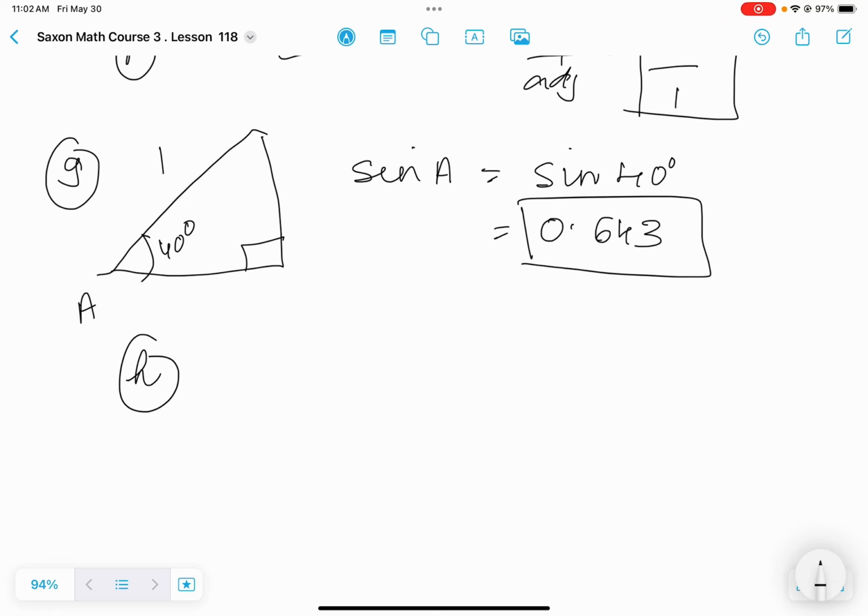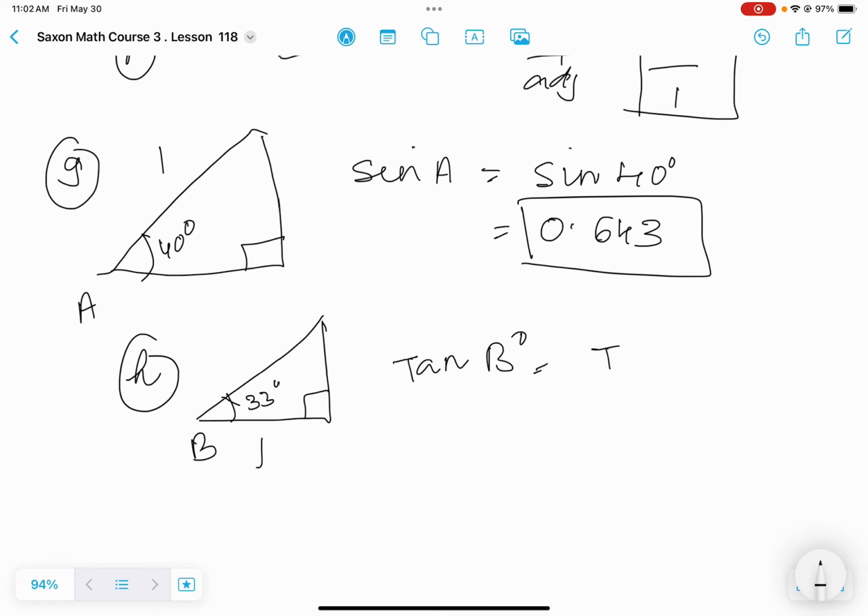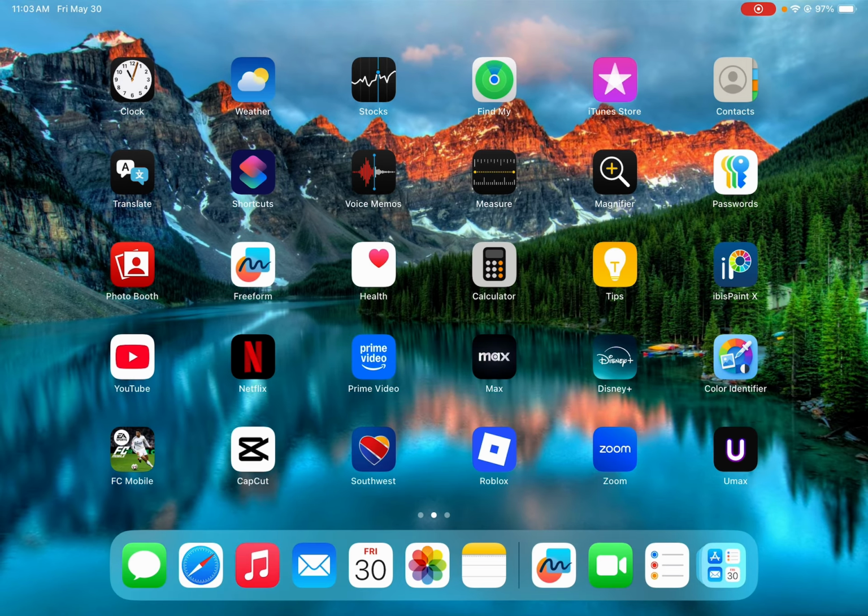Then H. H is another problem, another triangle. In this, B is 33 degrees, and we are asked to find tan of B, which is tan of 33 degrees. I'm going back to the calculator again.